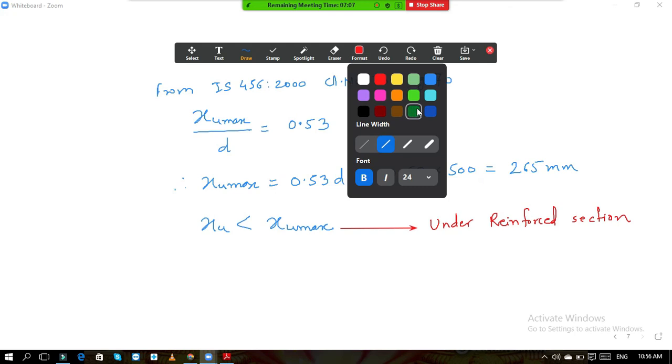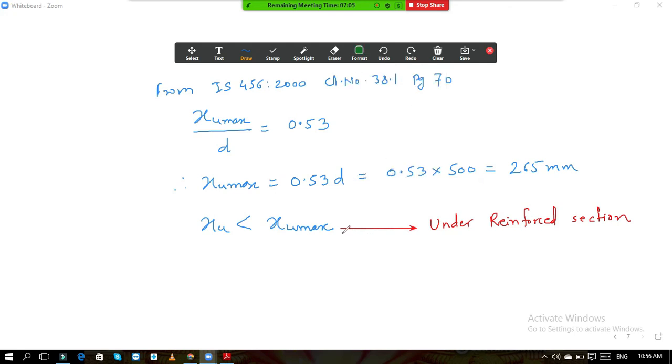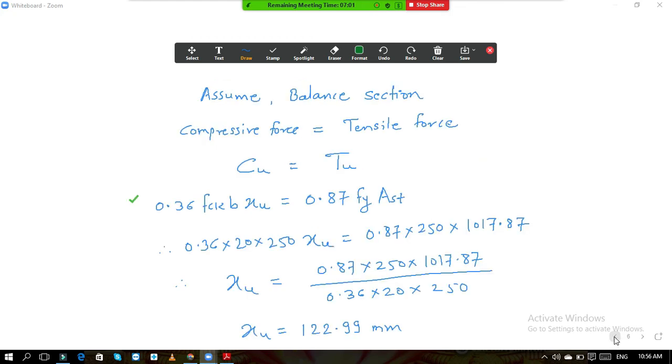Now when the section is under reinforced, we have a formula to calculate MU, the ultimate moment.